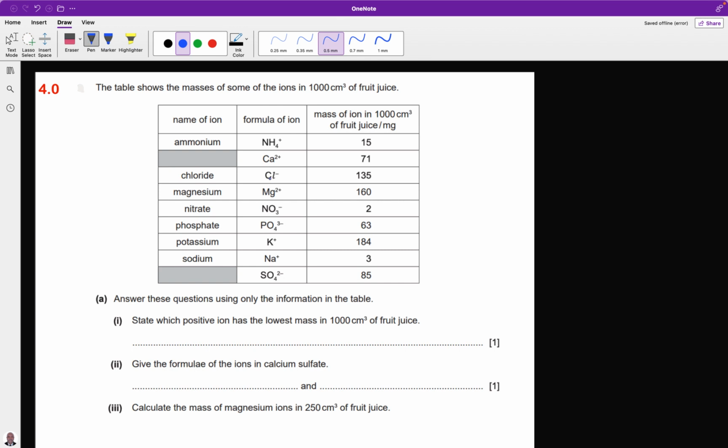Among the positive ions, your sodium ion has the lowest, that's 3 milligram in 1000 cm cube. So our answer for 1 will be sodium ion.